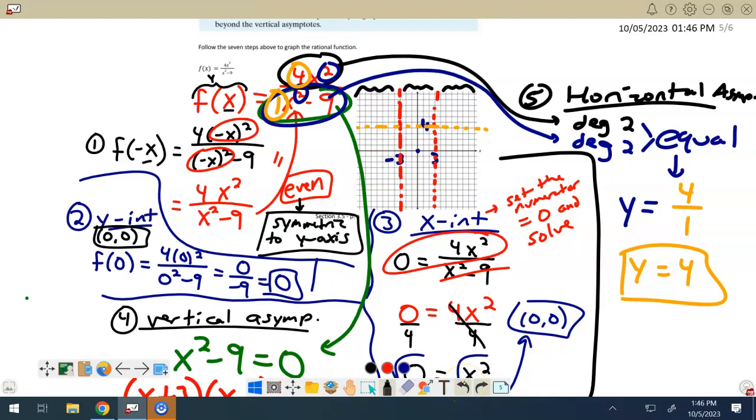So we found all the asymptotes, we found all the intercepts, and we really don't have a whole lot to go on here. So for example, on the left-hand side, there's really 2 possibilities here. Either the graph is above the horizontal asymptote, in which case it's going to look like this, where it will approach the asymptotes in that manner, or it could be below the horizontal asymptote, in which case the graph's going to look like this.